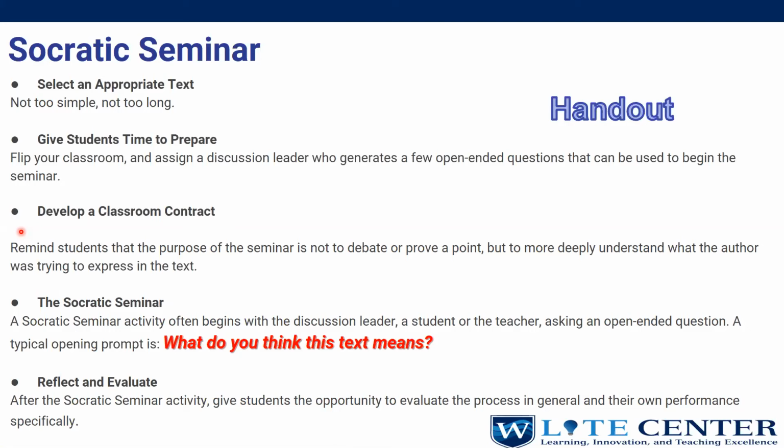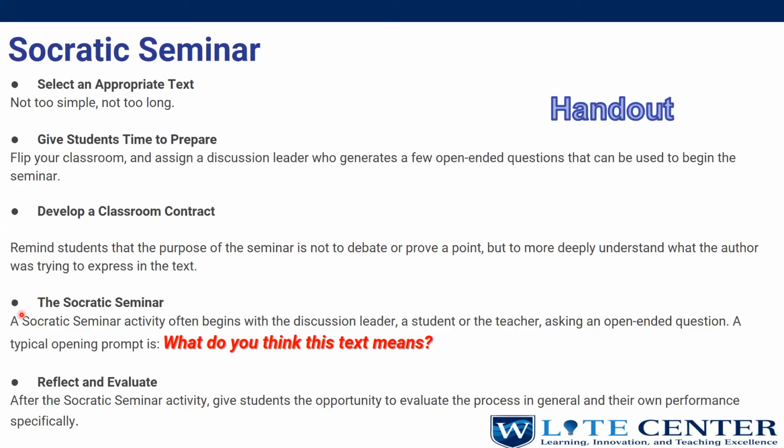Don't put down the ideas of another student without judging the student you disagree with. Or there are other classroom contract rules that you can involve just for students to understand that they need to listen, and they need to give other people's opinions the appropriate value, the right value.